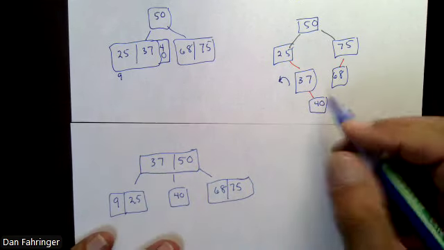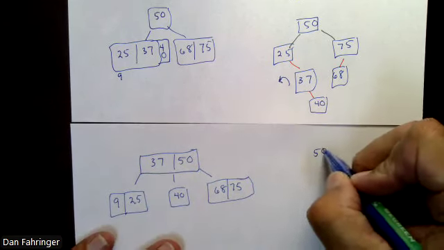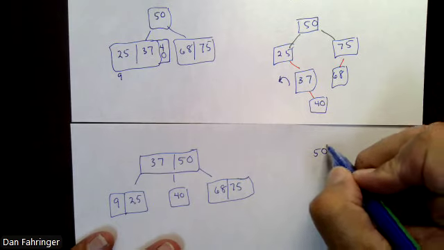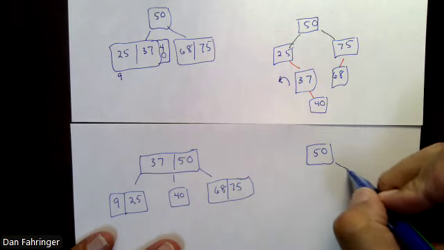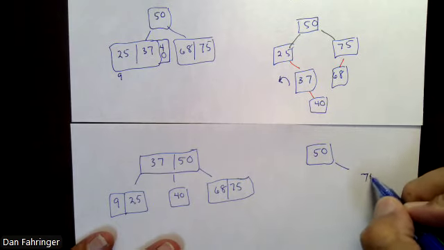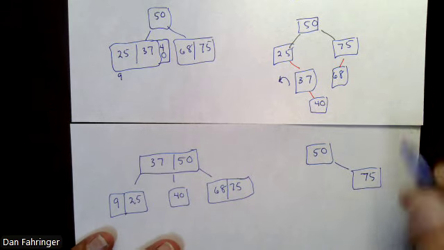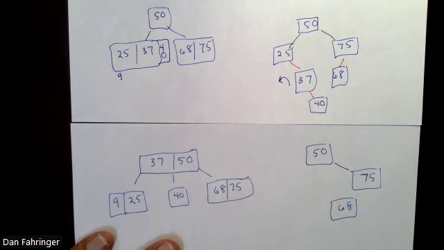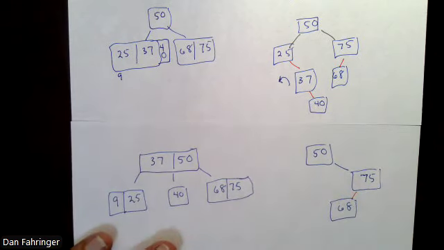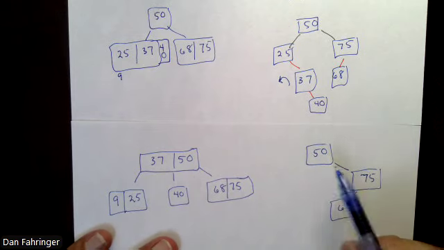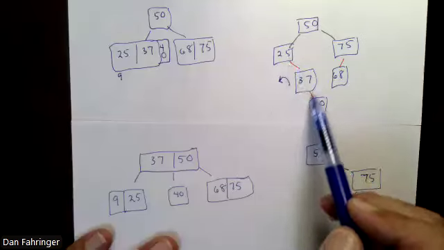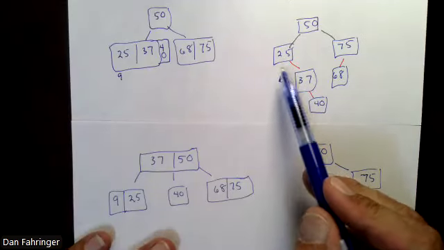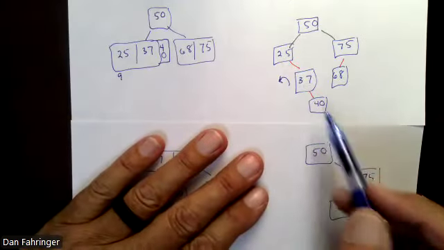So let's see. I was sitting over here, sitting with 50. The 75 was left alone. 68 was down here, and it was a sibling of 75. It still is a sibling of 75. I did a rotation, so let's look at that rotation right now.